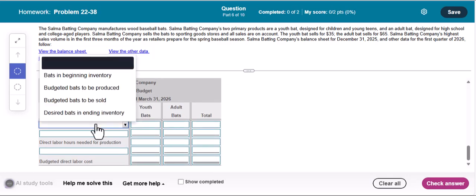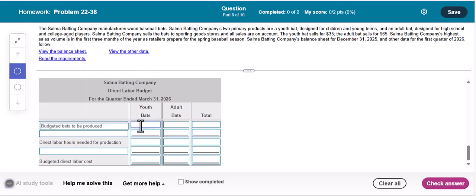So we have budgeted bats to be produced. Again, that is 1,300 youth bats and 2,700 adult bats for a total of 4,000 bats. And because this is the budget for direct labor, we need to figure out how many direct labor hours per unit we need here.